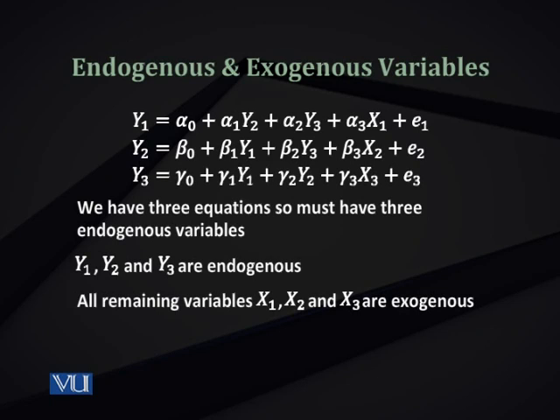A quick glance at the model shows that y1, y2 and y3 are interdependent, so they affect each other. y1 depends on y2 and y3, y2 depends on y1 and y3, y3 depends on y1 and y2. All of these three variables depend on each other in some way. They are simultaneously determined. So we will call y1, y2 and y3 endogenous variables, and whatever number of variables you have other than these three will be called exogenous.